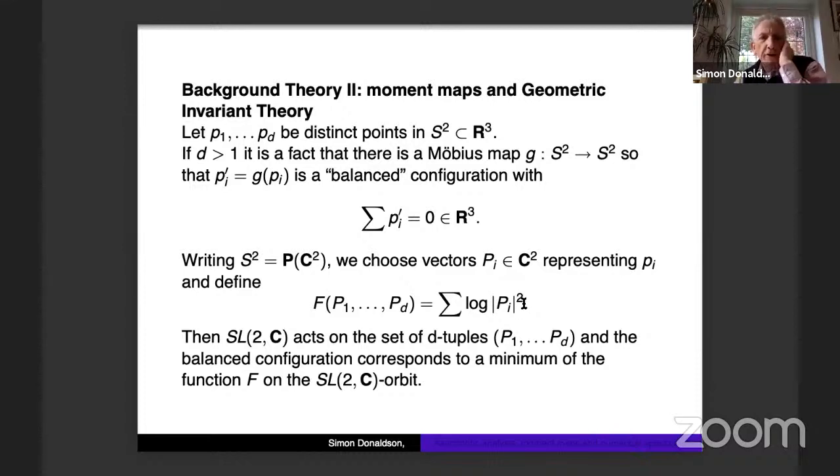Then we consider the action of SL2C acting on such d-tuples of points in C2. And the balanced configuration that we seek just corresponds to minimizing this function over an SL2C orbit. We have some choice of how we choose these representatives, capital P_i, but they only change the function up to a constant. So that makes sense.